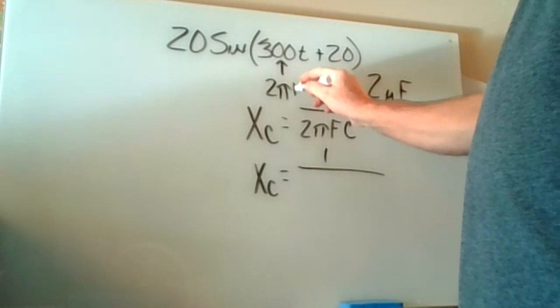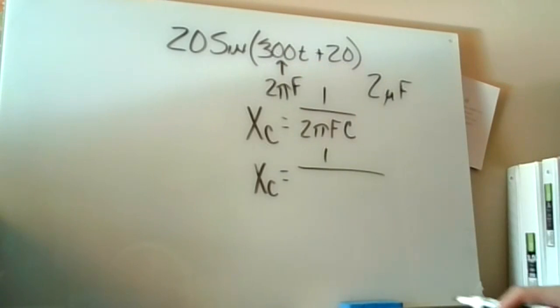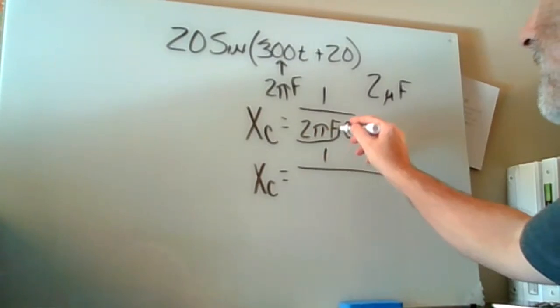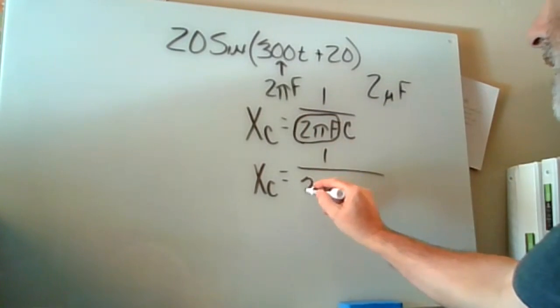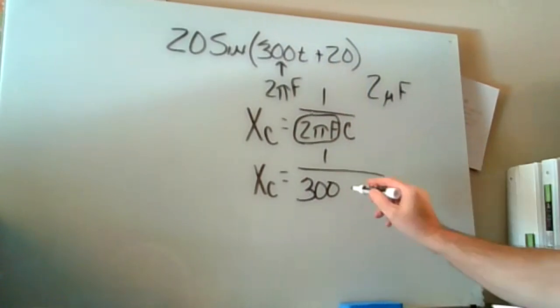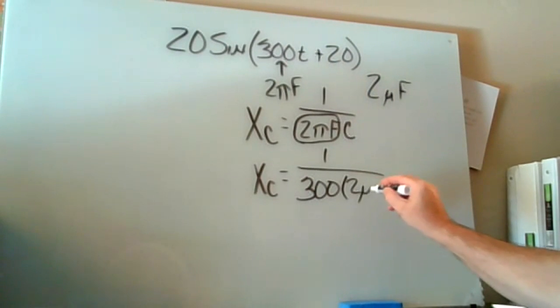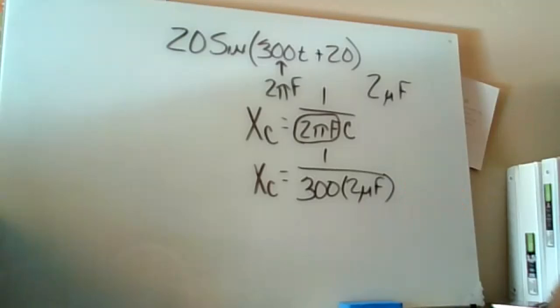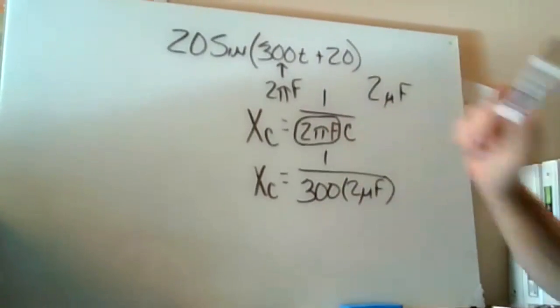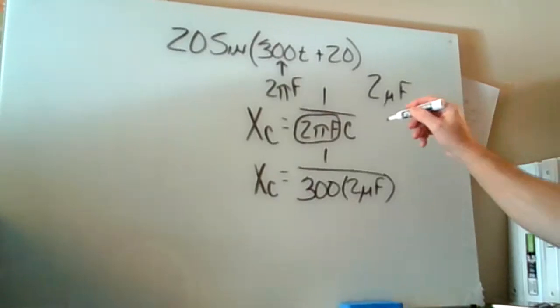Not used. We told you it was equal to 2 pi f, right? So this part is 300. And then I multiply it by my capacitance. Do not put the 2 pi in there. Omega, if I give you a value for omega, that is equal to 2 pi f.